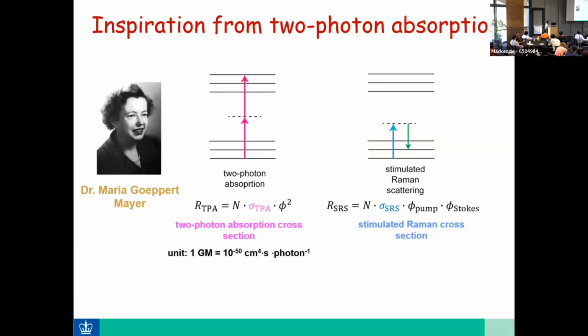Similarly, we can also introduce a stimulated Raman scattering cross-section to characterize this intrinsic molecular response during the SRS transition. In that way, we will have the rate of the SRS transition being equal to the number of chemical bonds in the target vibrational transition inside the focal volume, times this SRS cross-section coefficient and the photon flux from both the pump and the Stokes beams.